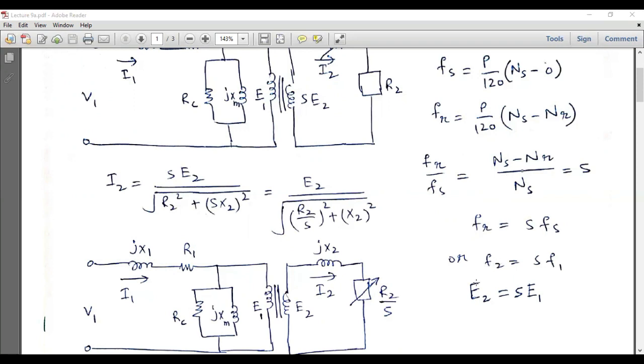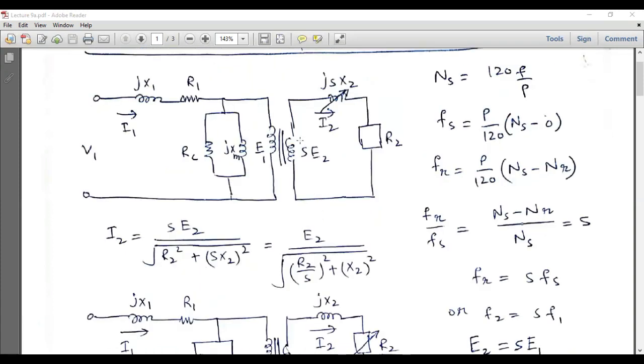And secondly, the induced EMF in the induction motor is directly proportional to the slip, because in the case of a three-phase induction motor, the magnetic field is constant, but this magnetic field is actually revolving at the synchronous speed.